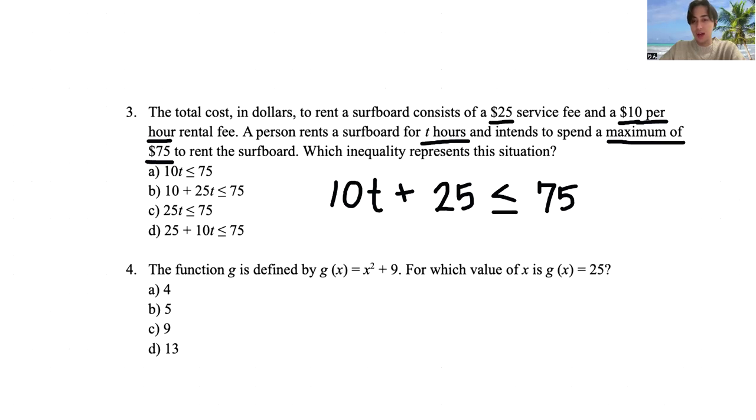This symbol implies that the left is either less than or equal to the right. So $75 is the max he's willing to pay. So the amount he actually pays, which is represented by 10t plus 25, is going to be less than or equal to 75. And that is your answer.